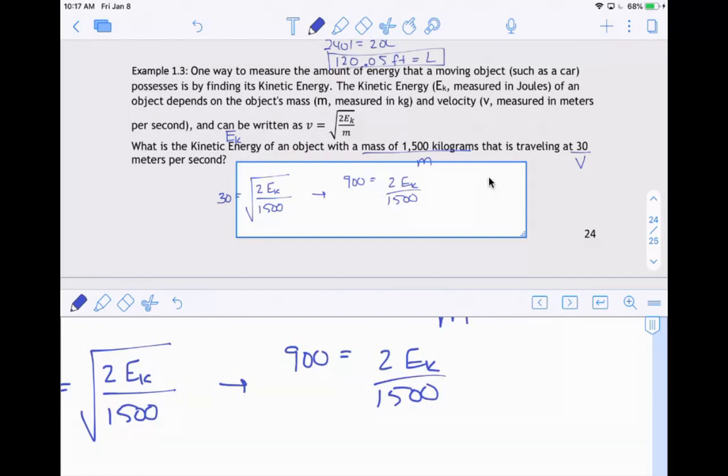Whoa, goodness. Okay, we get 1, 3, 5, and 4 zeros. That would be 1,350,000 is equal to 2 EK. Divide by 2. The kinetic energy is 675,000 joules. I'm going to throw a J on there for joules. Wow, that's a really large number.